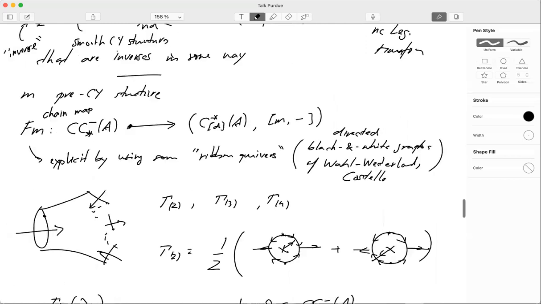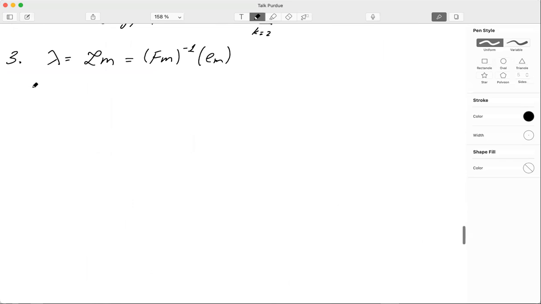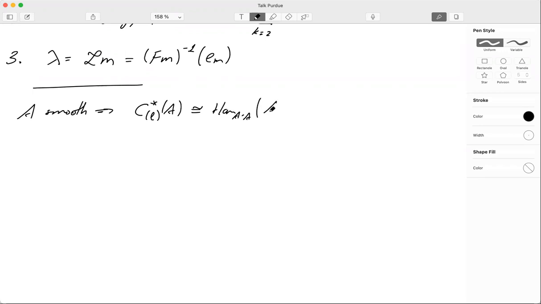Yeah. So I can write down some more things over here. There's also another thing we proved: if A is smooth, then the L-higher Hochschild cochains of A are quasi-equivalent to Hom of A-bimodules from A to A dual tensored over A, L minus 1 times.